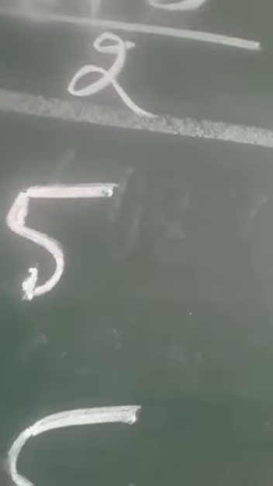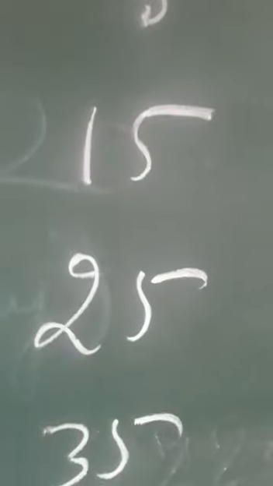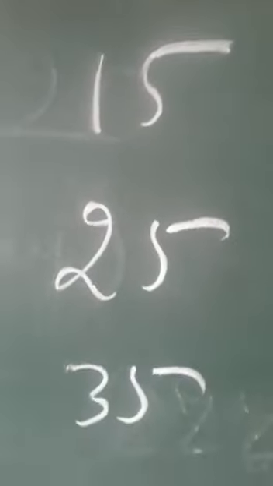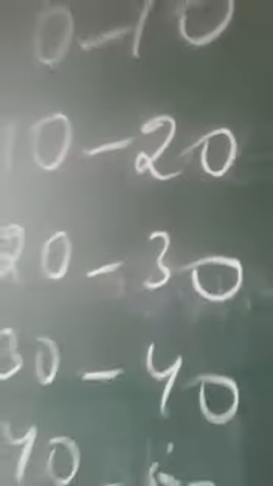Now for 10 to 20, when we add 10 and 20 and divide by 2 we get 15. So this is the second xi. Similarly, we obtain the corresponding value for 20 and 30. The lower limit is 20, upper limit is 30.